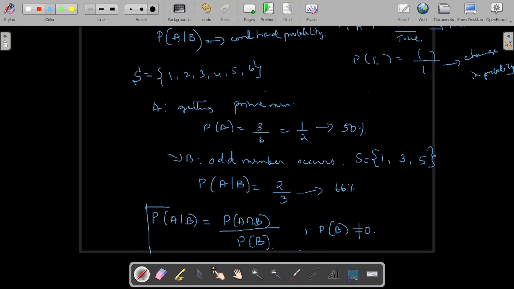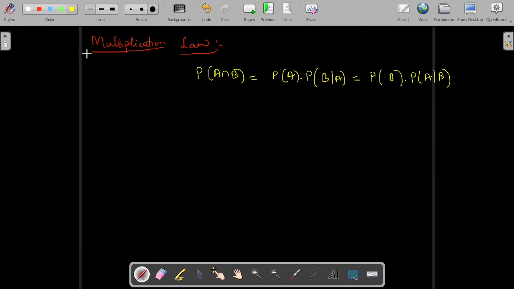So this is the formula to calculate the conditional probability of two given events. What is the multiplication law of probability? It is given by P of A intersection B equals P of A into P of B given that A has occurred, or P of B into P of A given that B has occurred.